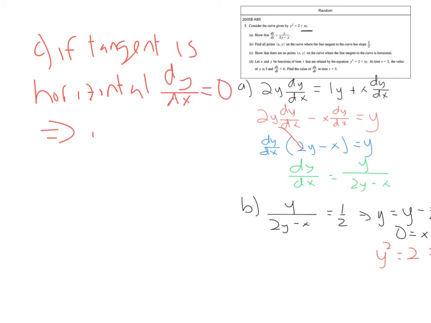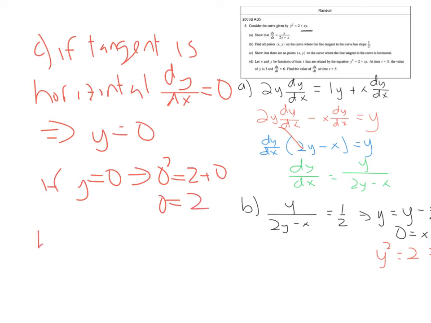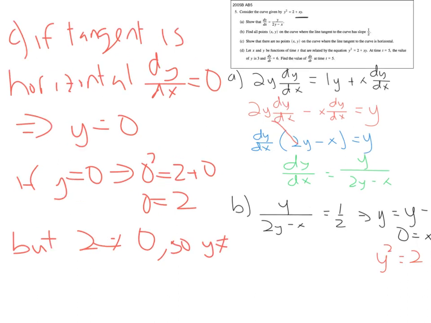And that implies y equals 0. If y equals 0, then 0 squared equals 2 plus 0. 0 equals 2. But 2 does not equal 0. So y cannot equal 0. So dy dx cannot equal 0.